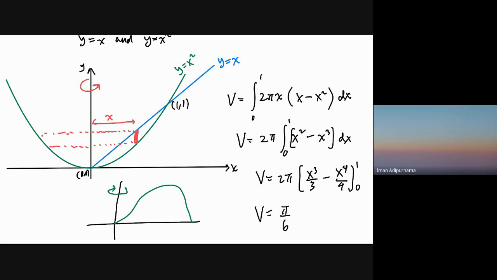Or if you have the other one like this and rotate through here, it's also using the shell, right? So every time you have a curve like that, you will notice that I need to use the shell. The washer will not work out. But for other curves, the shell method can also be used, like for the same example as the previous one, the x and x squared.